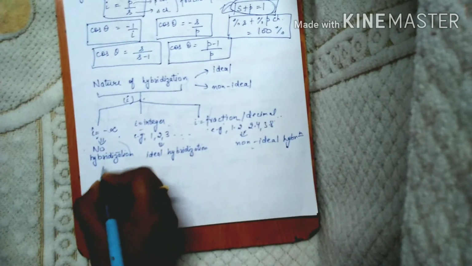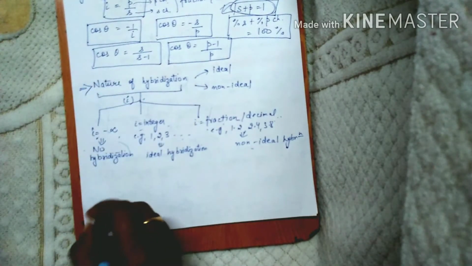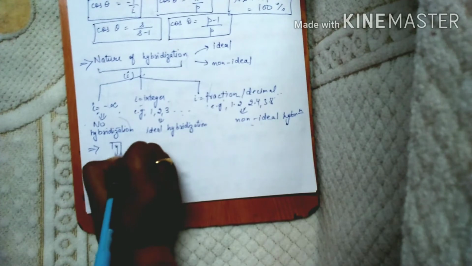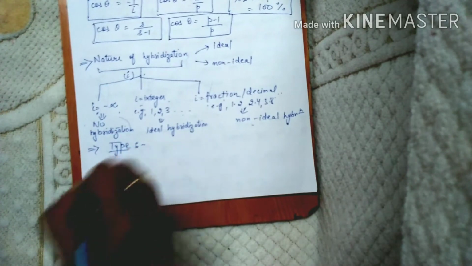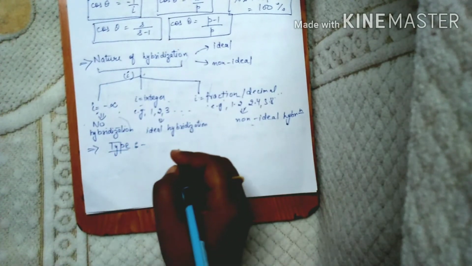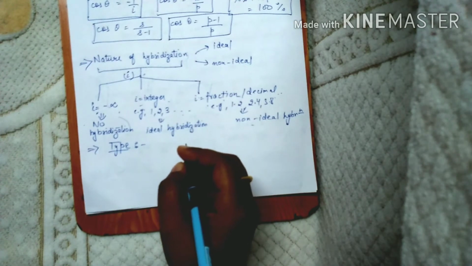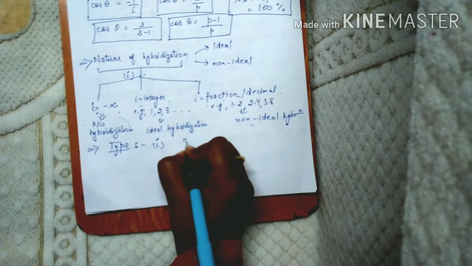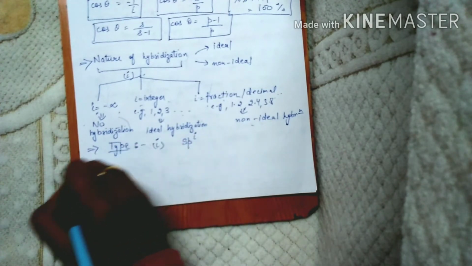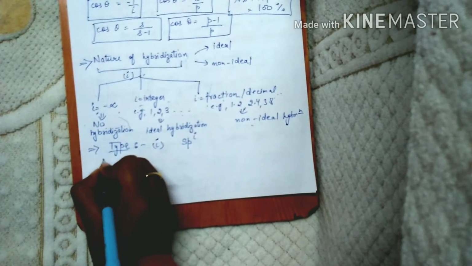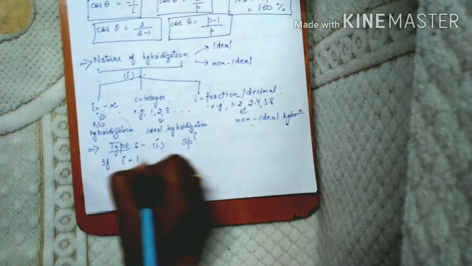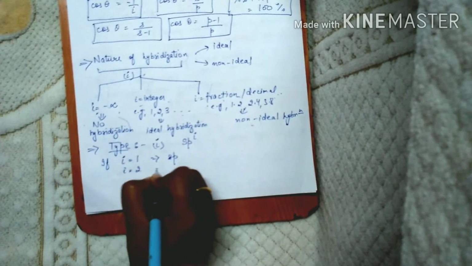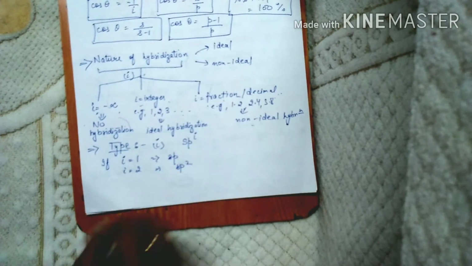Now, this was the nature of hybridization. Next is the type. Type is defined with the help of hybridization index. Type will be of the form sp to the power i. If i is equal to 1, then it is sp hybridized. If i is equal to 2, then it is sp2 hybridized.